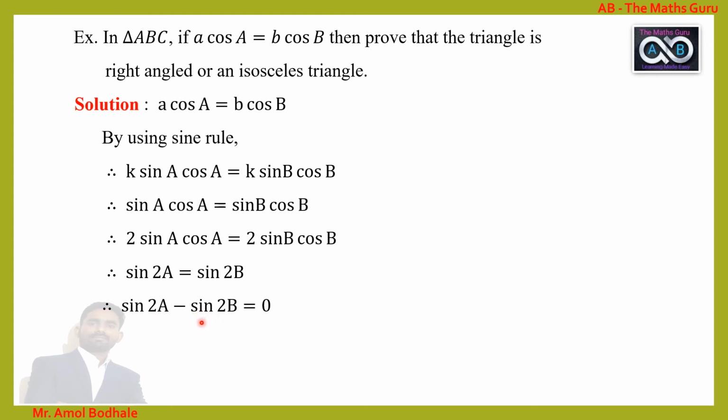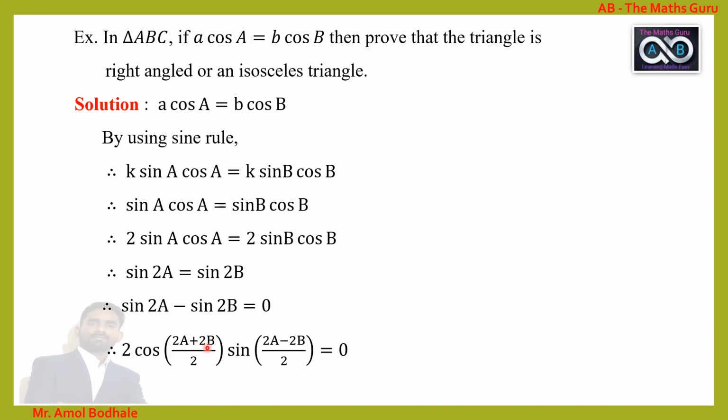Now we can use the difference formula, sine of an angle minus sine of some other angle. Therefore sine of 2A minus sine of 2B can be written as 2 times cos of the sum of both, that is 2A plus 2B upon 2, into sine of 2A minus 2B upon 2, equal to 0.